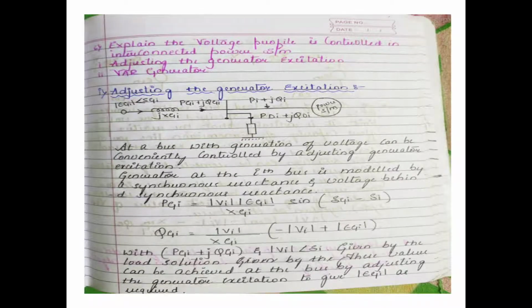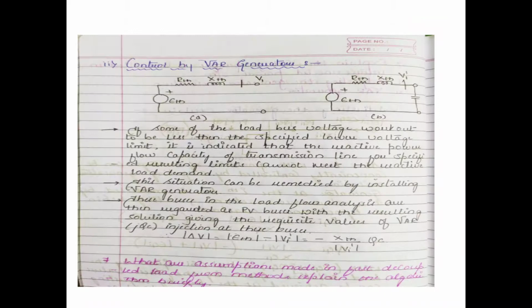By the excitation, the voltage level increases on the secondary side. Here V, EGi, XGi, with respect to the angle sin delta Gi, and the load real and reactive power give PGi and QGi.